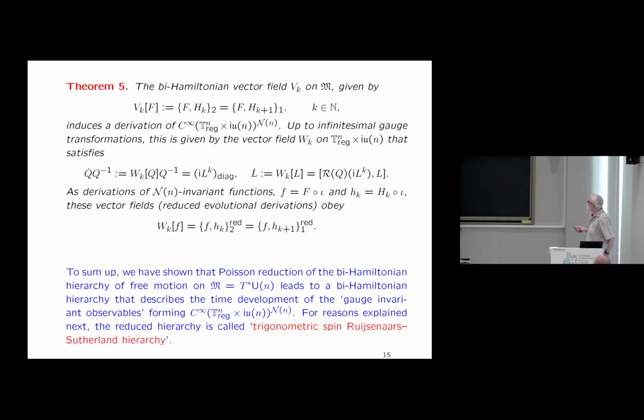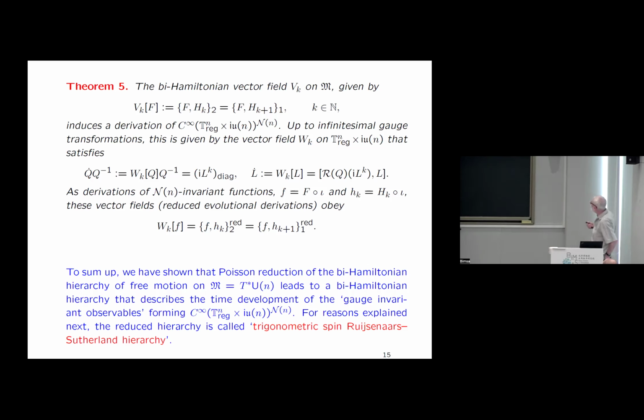And now what about the reduced dynamics generated by those Hamiltonians, which are the traces of powers of our Hermitian matrix? Originally we have these bi-Hamiltonian vector fields Vk on our phase space.